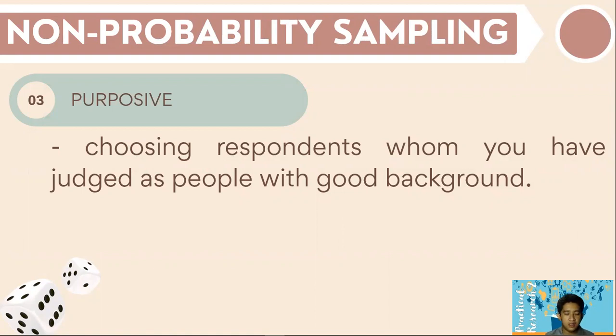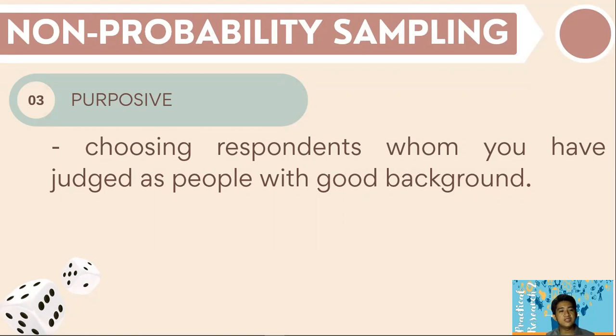Now, we look into how we are able to calculate the sample size. So we are done looking into the two types of sampling method, the probability and the non-probability sampling. If it's randomized, it will fall under experimental research design.